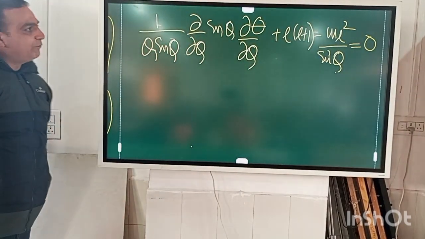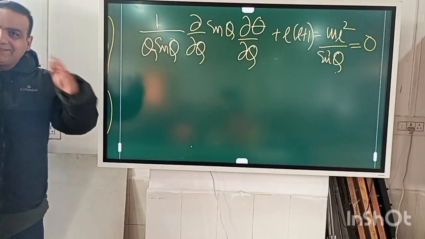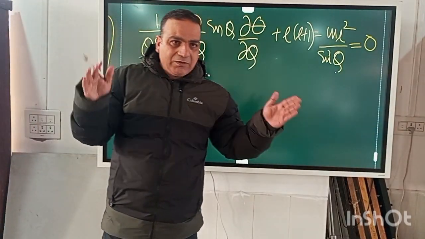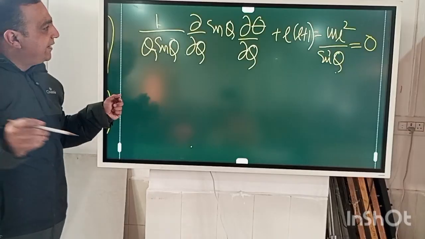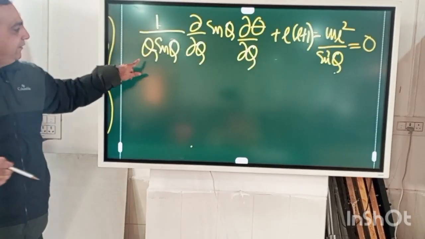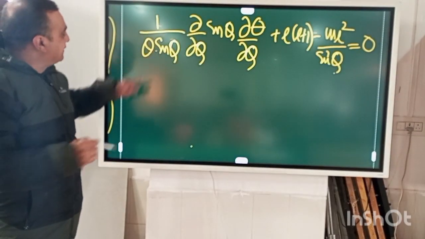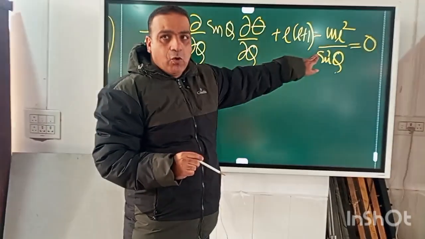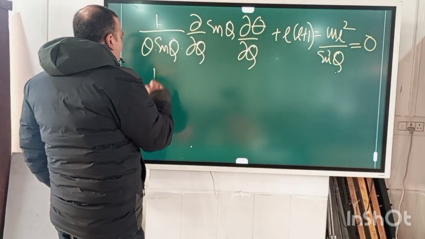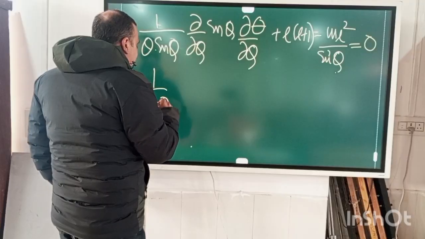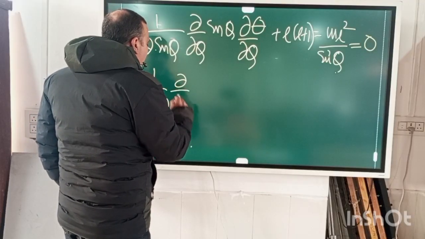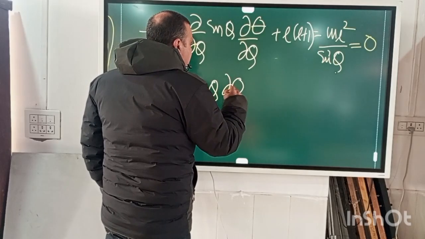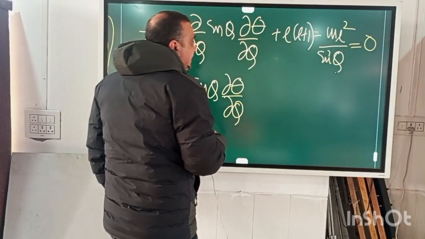Okay, this you will achieve because we had introduced the constant L times L plus 1 on both sides of that equation. Here this theta is capital theta. Keep that in mind. So this theta will go and take the part here. So what I will have is 1 by sine theta, dou by dou theta, then sine theta, dou capital theta by dou theta.